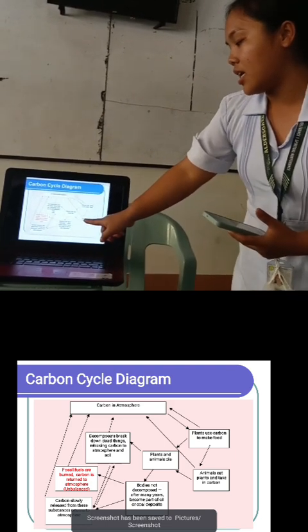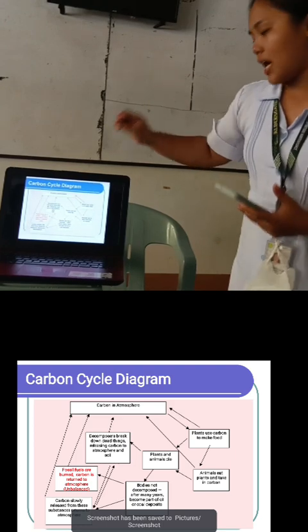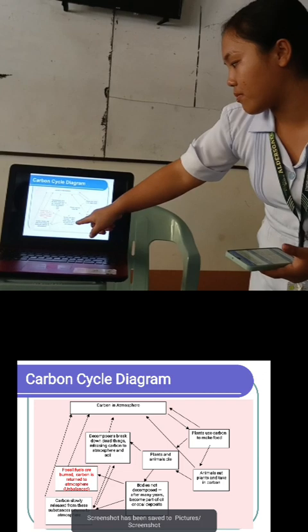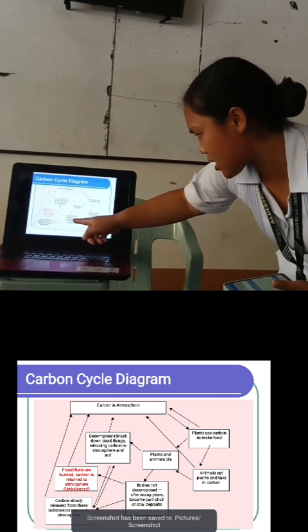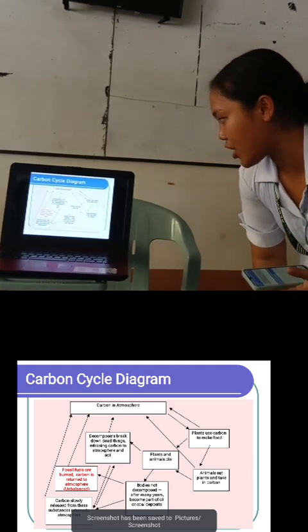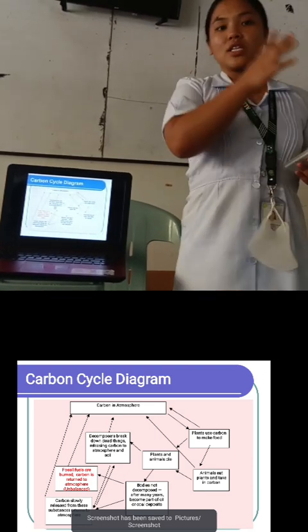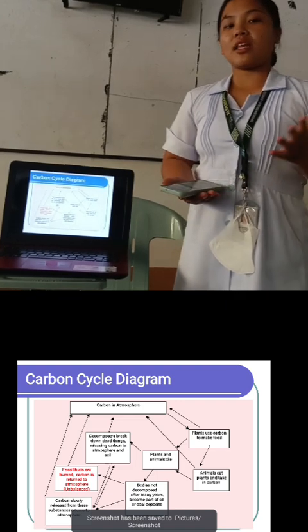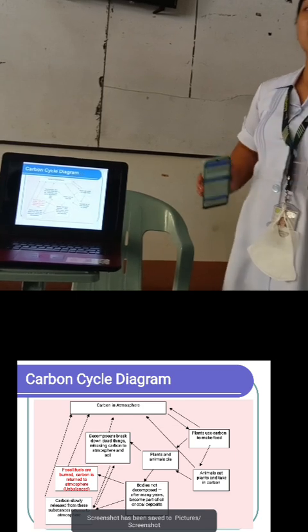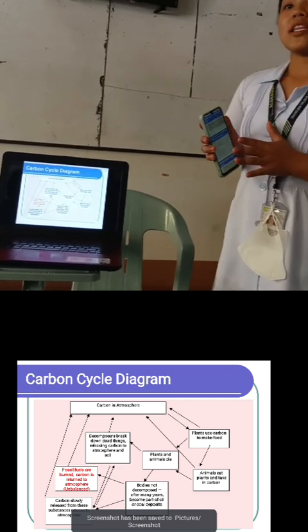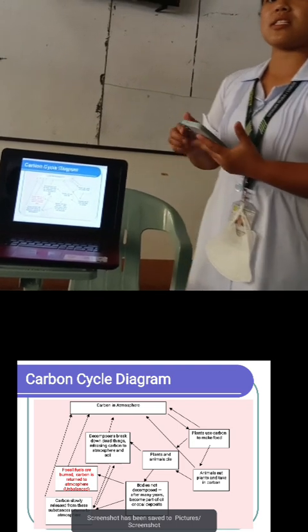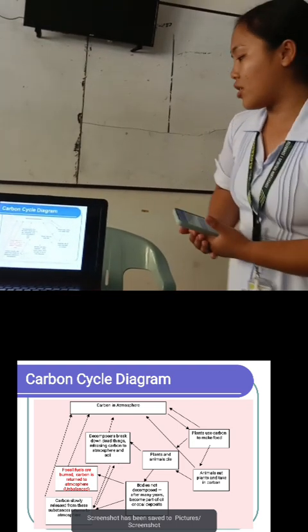Pag namatay naman yung mga plants and animals, yun yung nade-decompose. Bodies that do not decompose after many years become part of the oil or coal deposits. Parang yung sinabi ni Miss Catherine kanina na yung mga natitira or yung mga fossils is nagiging part na sila ng mga soil natin, which is parang naging serve as fertilizer minsan sa mga soil natin or sa oceans.